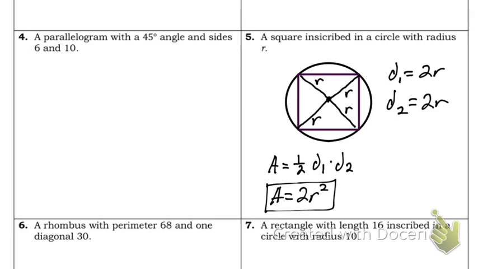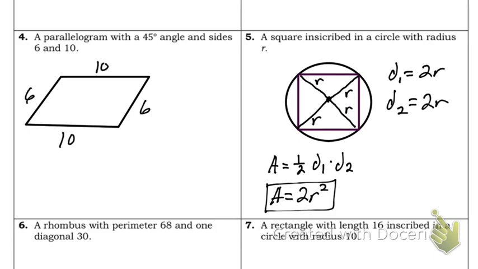We have a parallelogram with a 45-degree angle and sides 6 and 10. So let's go ahead and draw a parallelogram. Let's call this 10. Let's call this 6. That would make this 10, make this 6. We have a 45-degree angle. In order to get the area of a parallelogram, we need base times height.